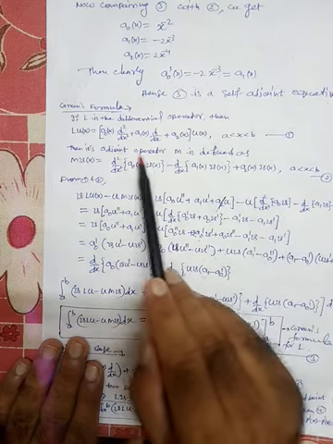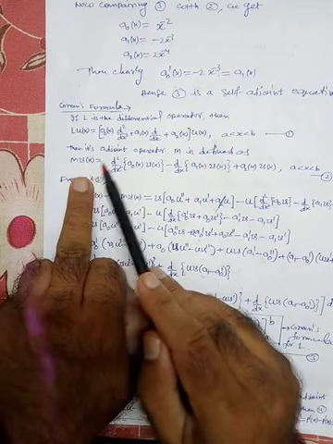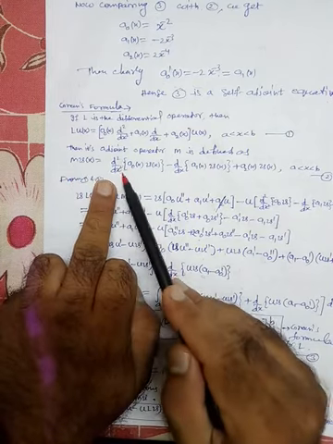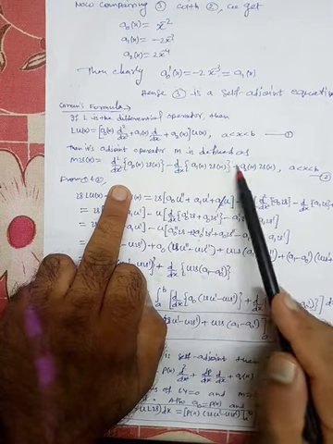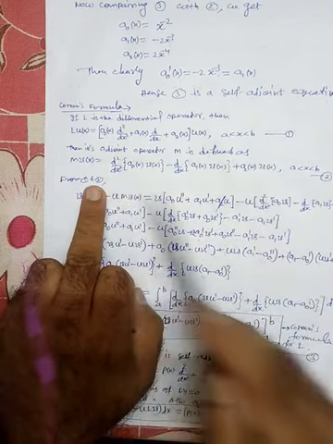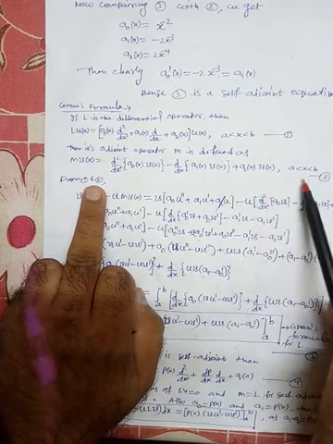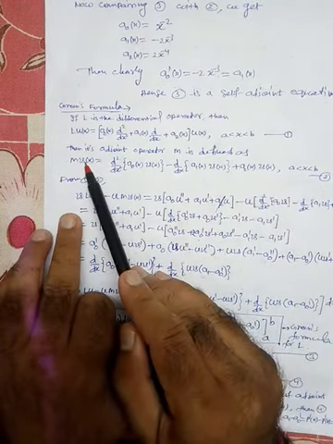Then its adjoint operator M is defined as M v of x is equal to d2 by dx2 of a naught x v x minus d by dx of a1 v x plus a2 x v x. This is the definition of the adjoint operator. Okay, so this is equation number 2, here u, here is v.